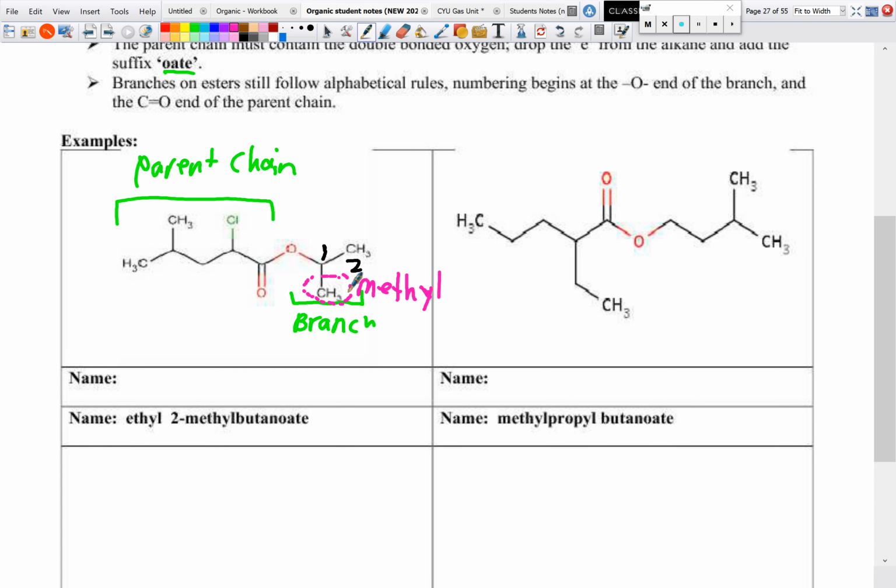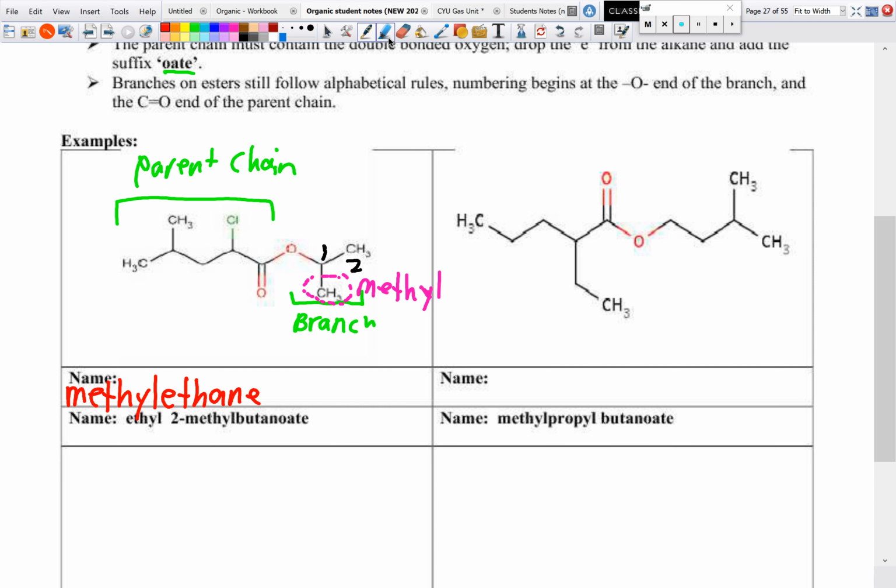So you'll notice we have a branch in our branch, which is kind of weird, but how we actually name this is not too bad because we're still going to keep all of our naming rules in place. So we name our methyl first. So we go methyl. Now normally it'd be methyl ethane, right? Because we have a two carbon chain.